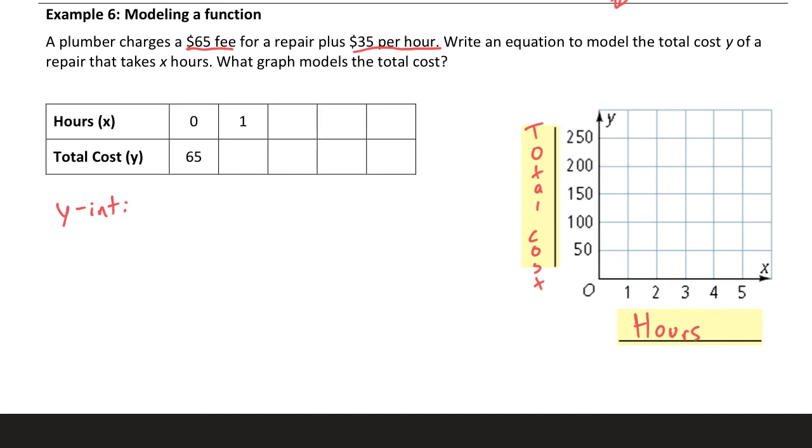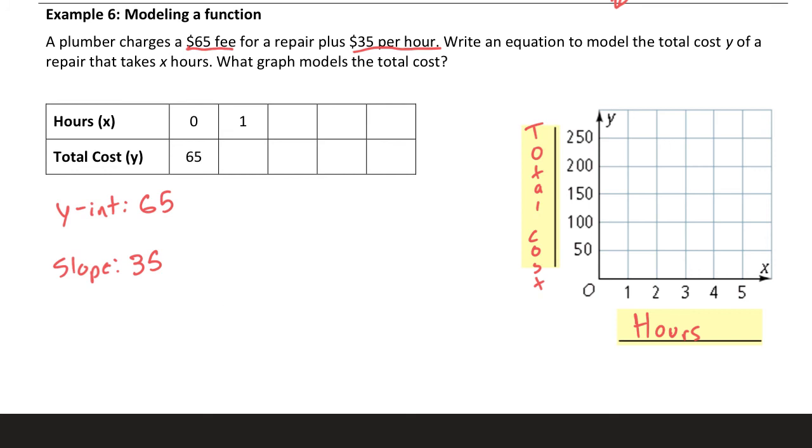Write an equation to model the total cost of a repair that takes x hours. The starting value, the y-intercept, is that $65. Your bill starts at $65. The slope, the rate of change for that job, is 35. You get charged $35 for each additional hour of work.